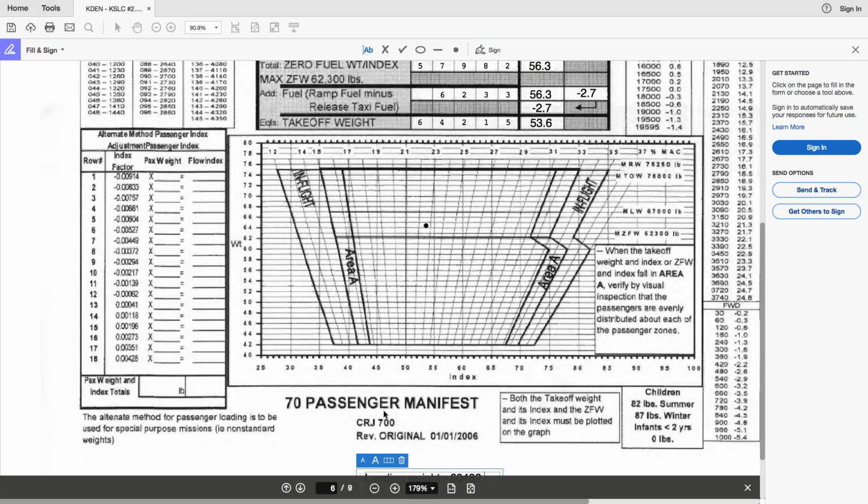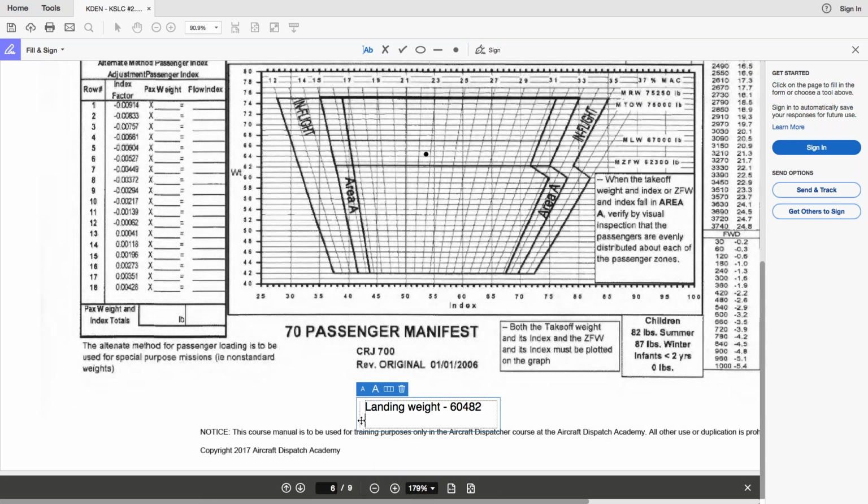So basically you take your takeoff weight, and you take the amount of fuel you have minus 2,500 because you're not using reserves. That's how I did it. So your landing weight is all your fuel minus the burn off.